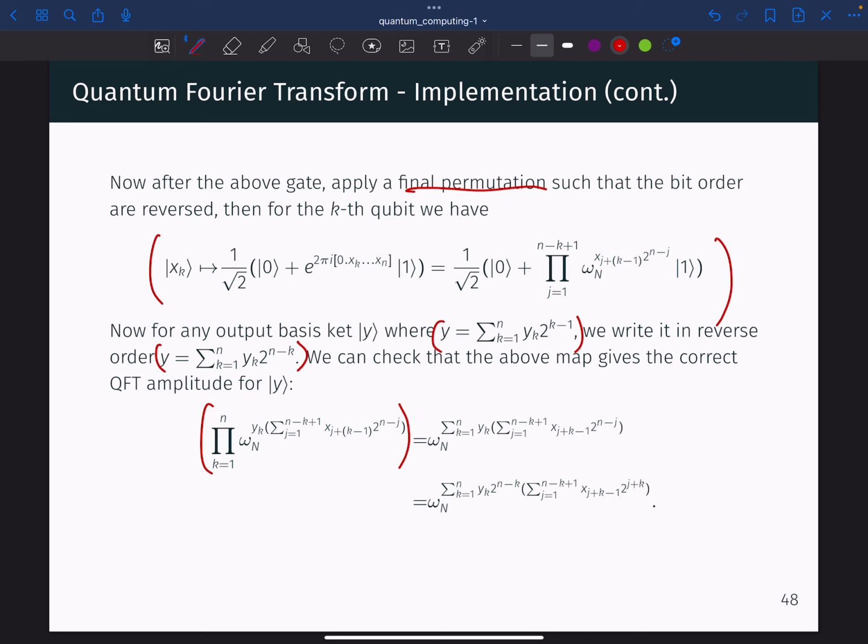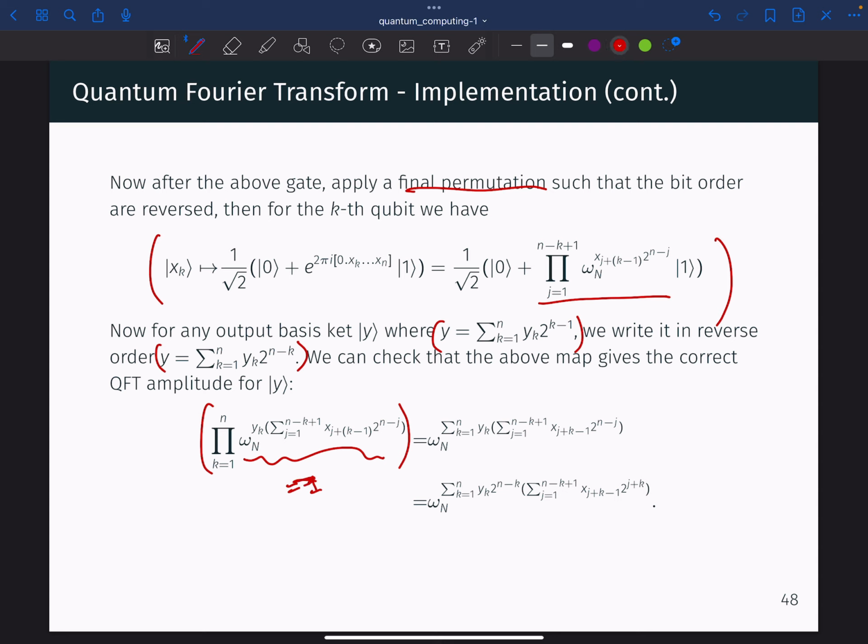Basically what it does is that if yk is 1 here, we will be multiplying this part, which is exactly this, because yk is 1. If yk is 0, then this whole term will be just 1, which corresponds to this case here.